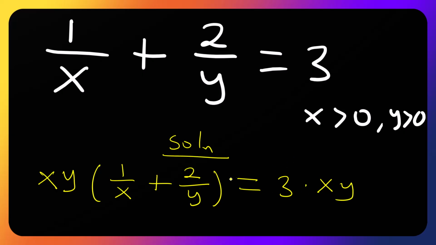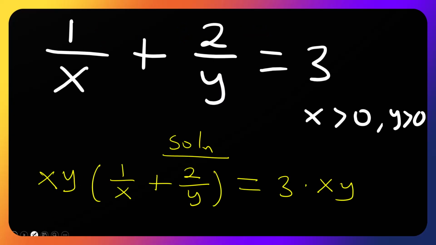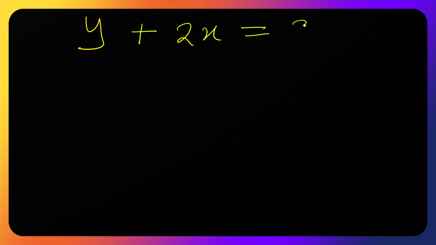From here, on this side xy times 1 over x, the x will cancel, and I'll be left with y, so plus, xy times this, the y will also cancel, and I'll be left with 2x, equals to xy times 3, that will be 3xy.